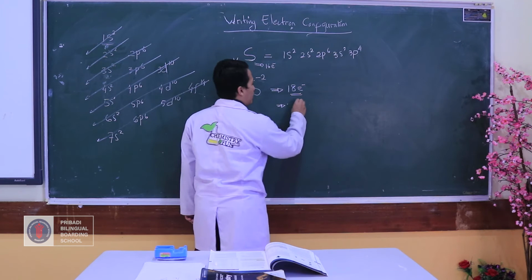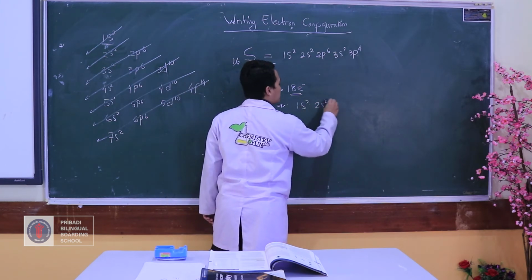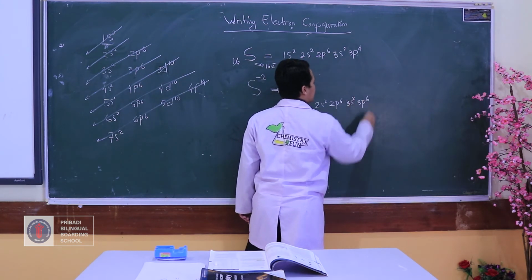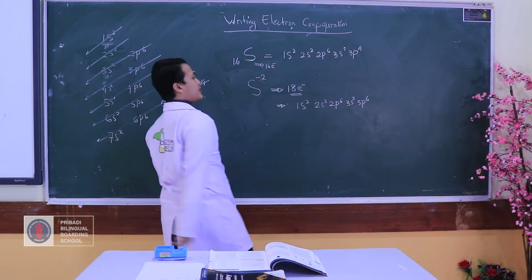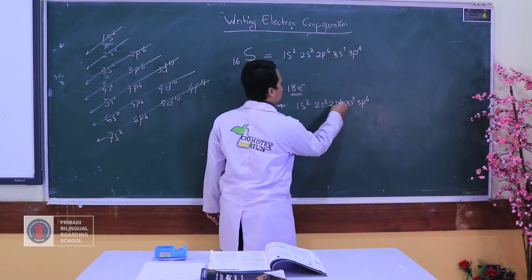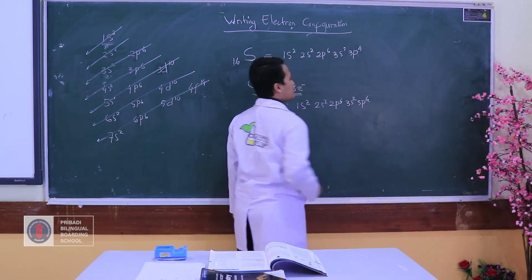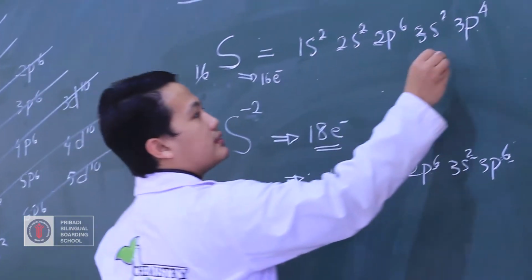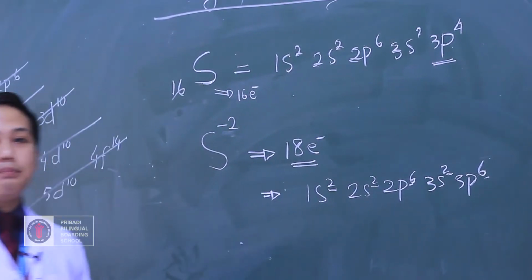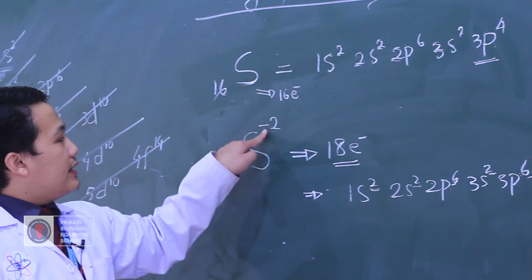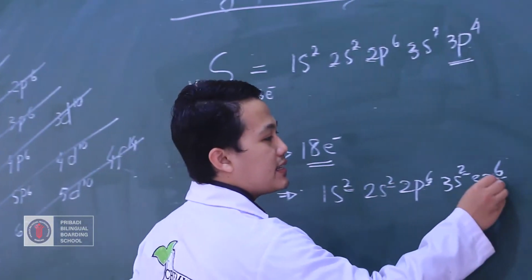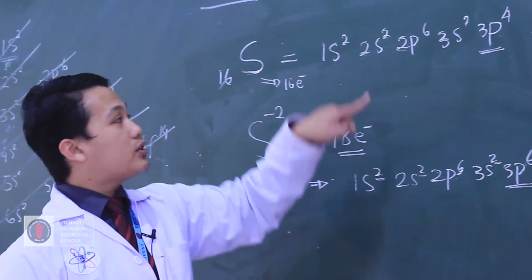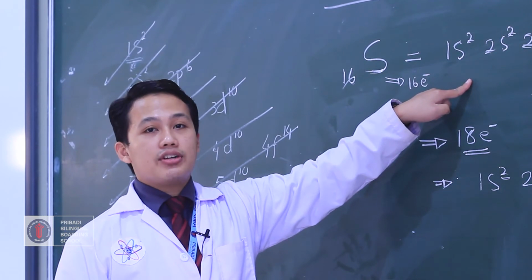So what is it going to be? 1s2, 2s2, 2p6, 3s2, 3p6. So that's 18: 2 plus 2 plus 6, 10, plus 2 plus 6, 18. As you can see, the natural S16 ends with 3p4, but in the anion form, it has 3p6. It means it gains 2 more electrons compared to the natural element.